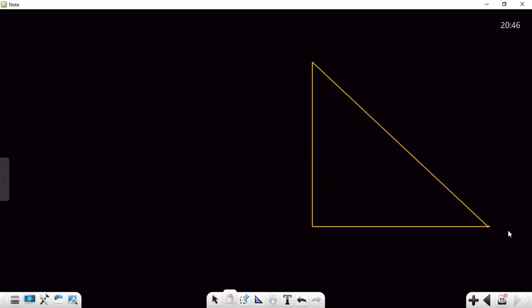Let's name this as O, this as A, this is B. If we are discussing this angle, I should have taken this whole diagram.